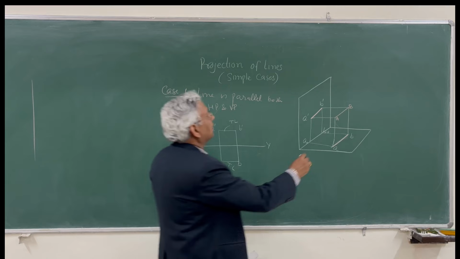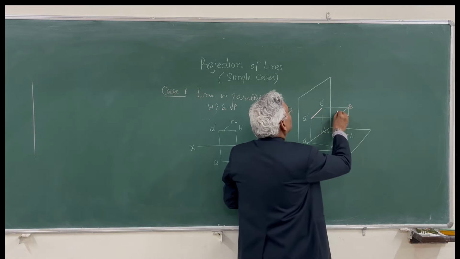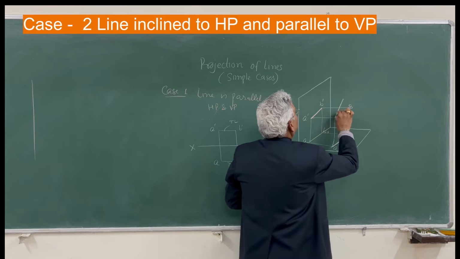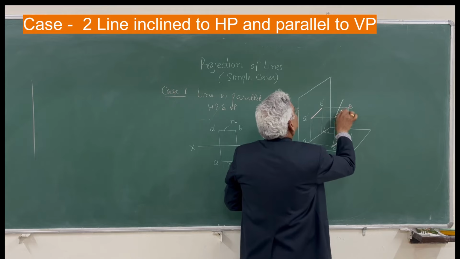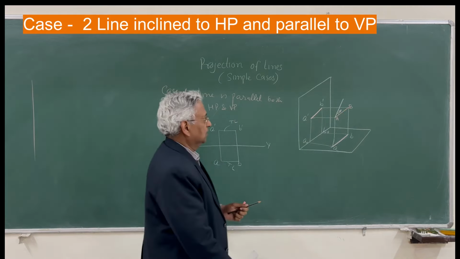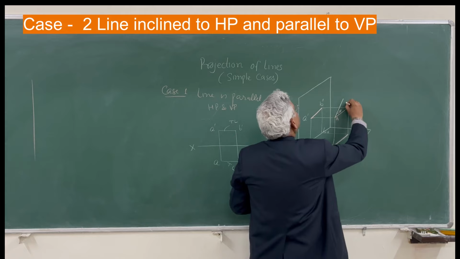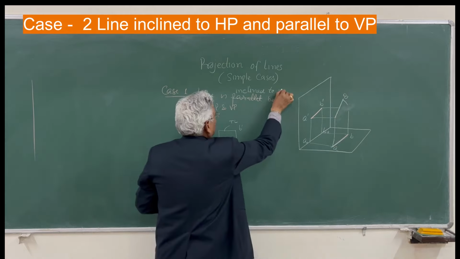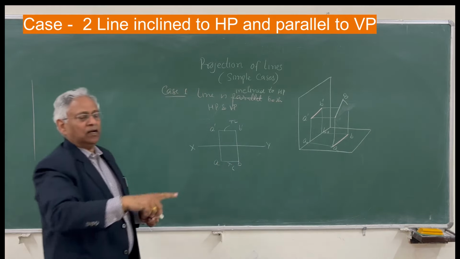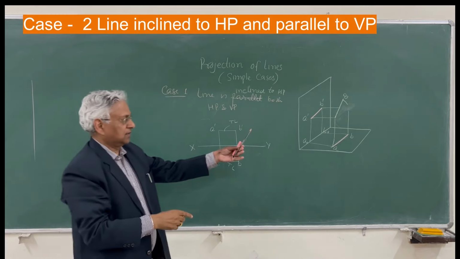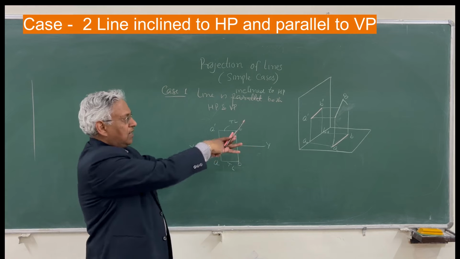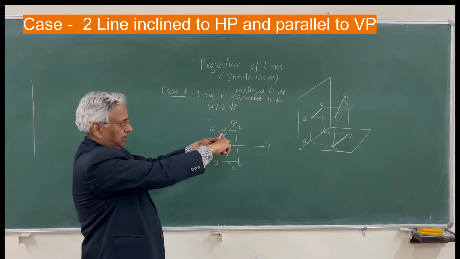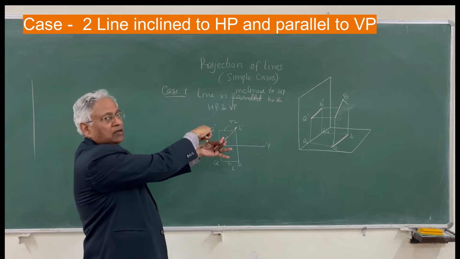Now let us make this line inclined to the horizontal plane, let us say at angle theta. Now AB moves to this position, but is still parallel to the vertical plane, like this. This line is inclined to the horizontal plane at angle theta, but it is parallel to the vertical plane.